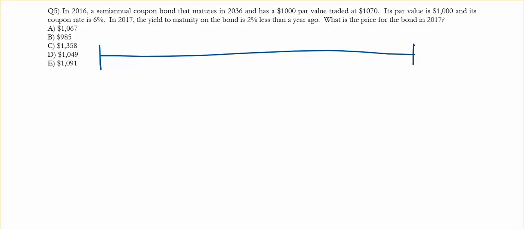It tells us that in 2016, so when I have problems that give years and not periods, I find it easier to first write the year on the bottom of the timeline and then figure out the periods. 2016 semi-annual coupon bond that matures in 2036, so maturity is here, has a $1,000 par value.